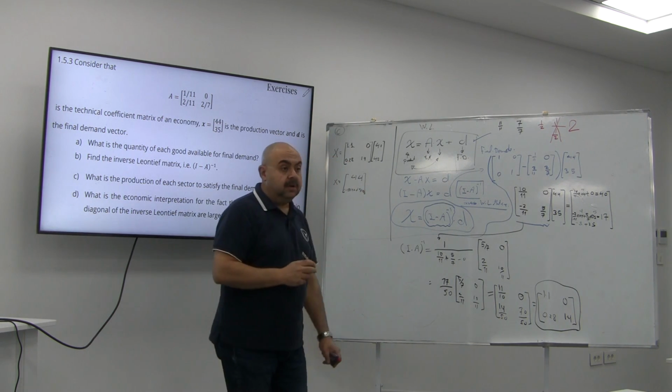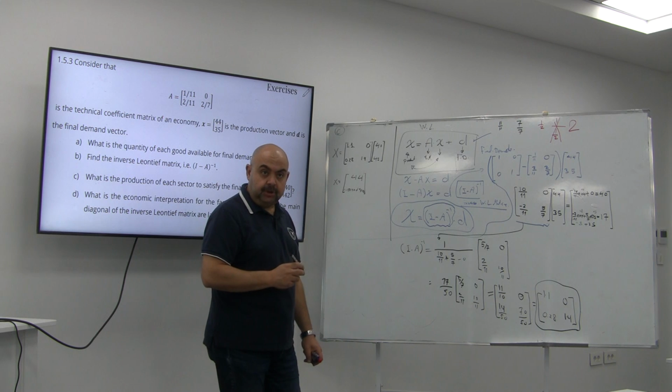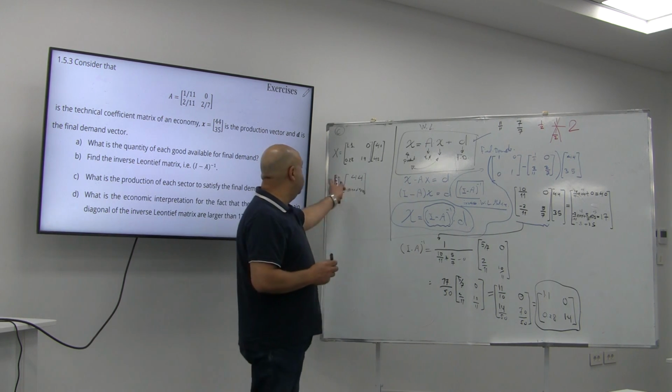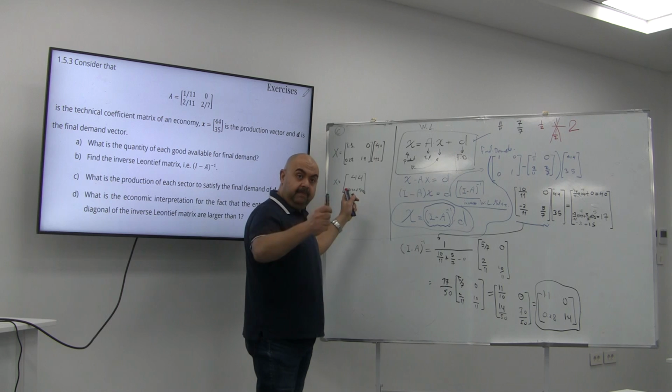These are the numbers required for the production of these sectors. This is the production of sector 1, and this is the production of sector 2.